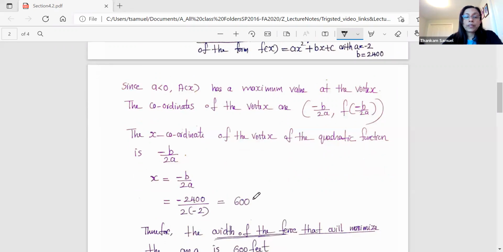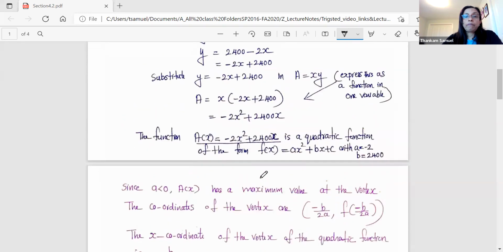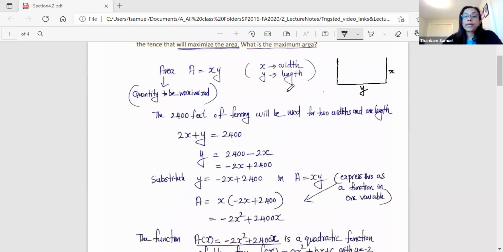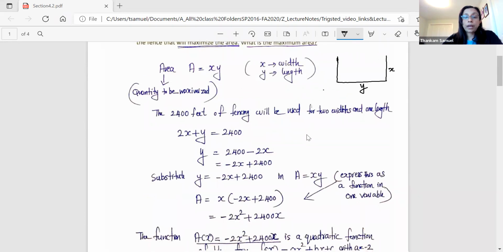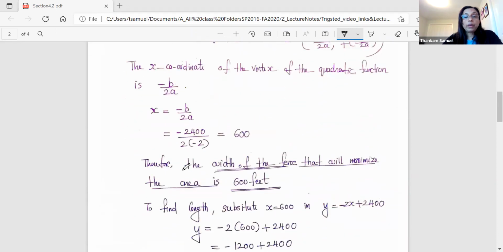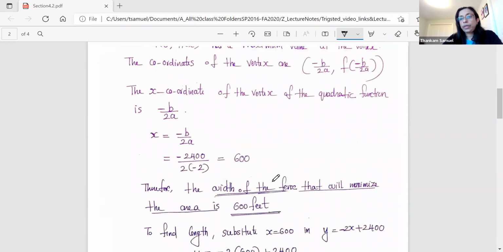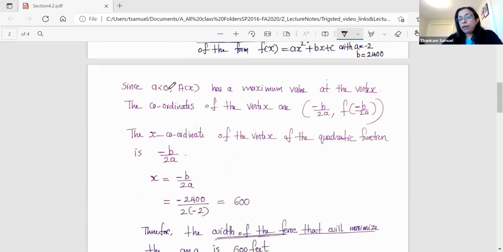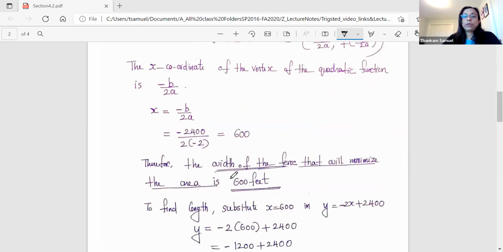That will give you 600. In the beginning of the problem, we considered x as the width of this rectangular area. So the width of the fence that will maximize the area is 600 feet, since a is less than 0 and the function has a maximum value at the vertex.